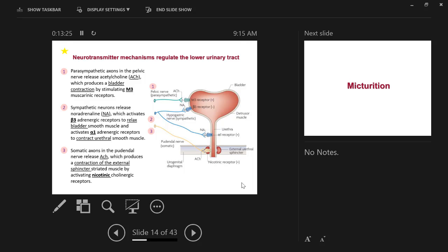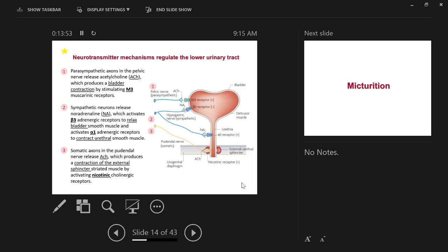The last one is the somatic nervous system that goes all the way to the external sphincter. As I said, it's a skeletal muscle, so acetylcholine is released and binds to nicotinic receptors. It says plus, so stimulation of the receptor signaling causes squeezing of the skeletal muscle.